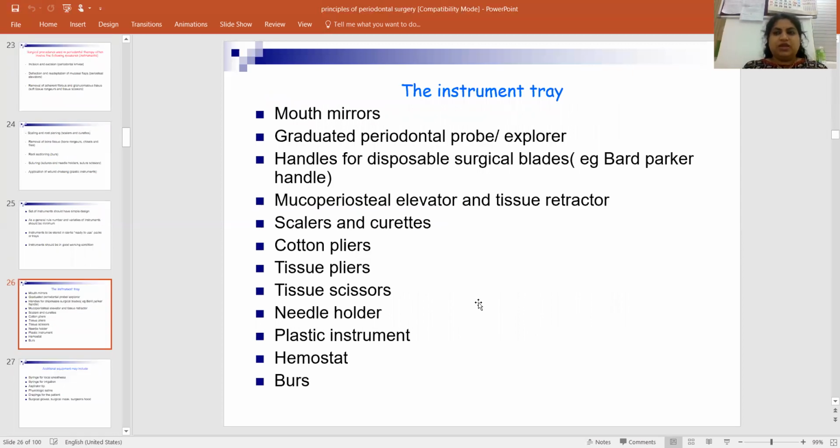So the instrument tray is basically composed of a mouth mirror, a graduated periodontal probe, the key instrument in periodontal flap surgery. You are going to measure the periodontal pocket depth with the periodontal probe, explorer, handle for disposable surgical blades like Bard-Parker handle, mucoperiosteal elevator, and tissue retractor, scalers and curettes, cotton pliers, tissue pliers, tissue scissors, needle holder, plastic instruments, hemostats, and burs.